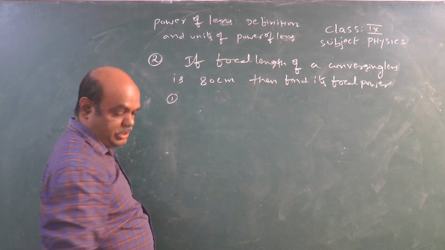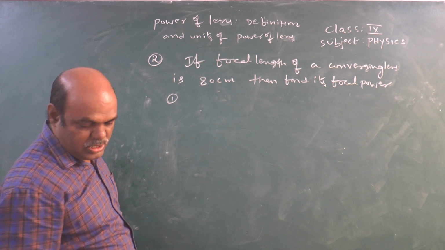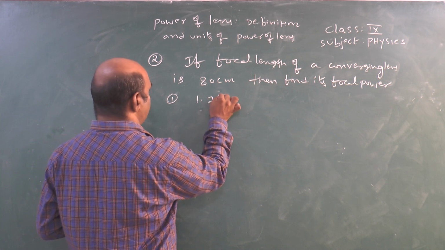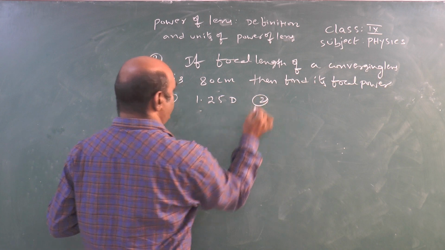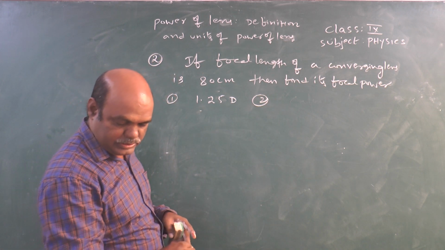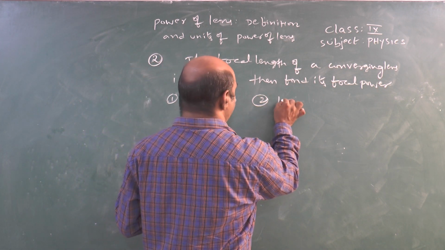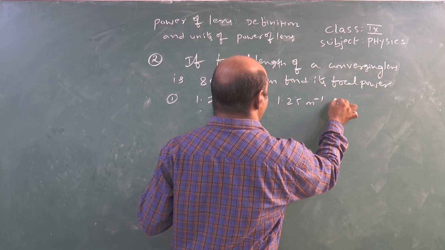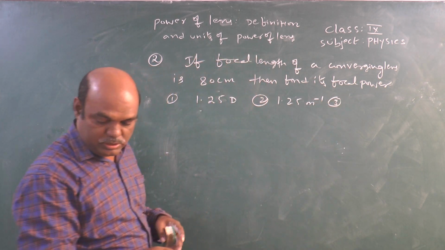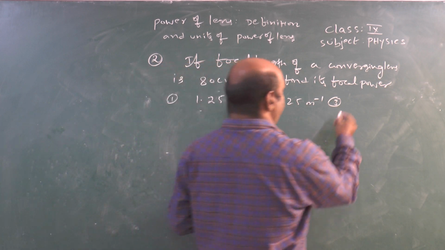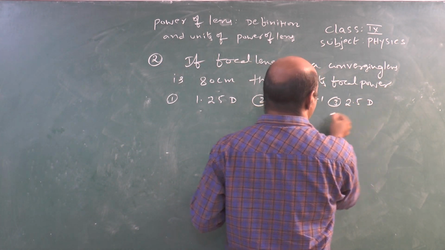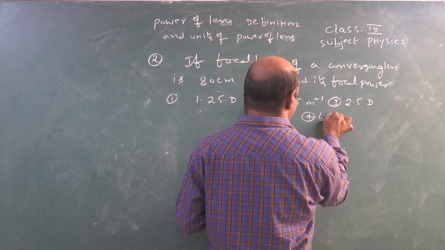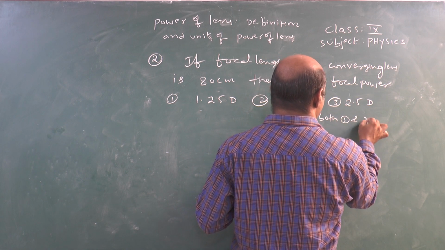First option: 1.25 diopter. Second option: 1.25 meter inverse. Third option: 2.5 diopter. Fourth option: both 1 and 2.